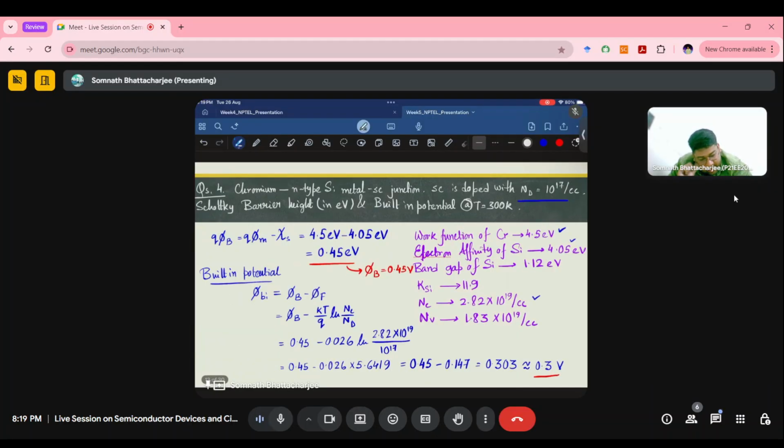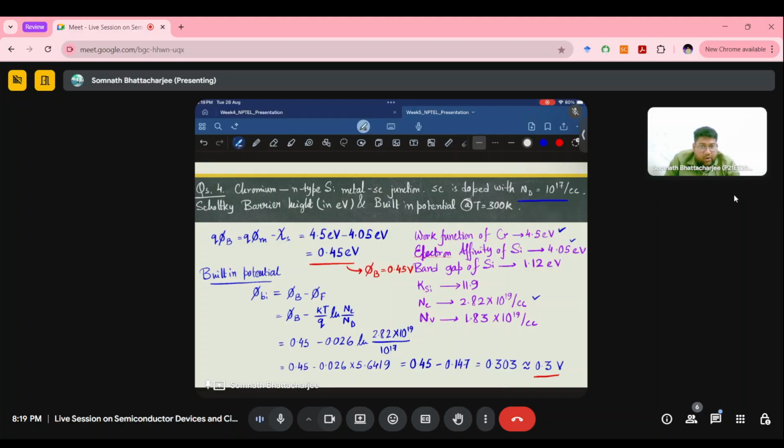In the previous case it was n type, so repeat it as if all the things were p type. The Nd remains same and everything else is the same, but just change it to the p type case.